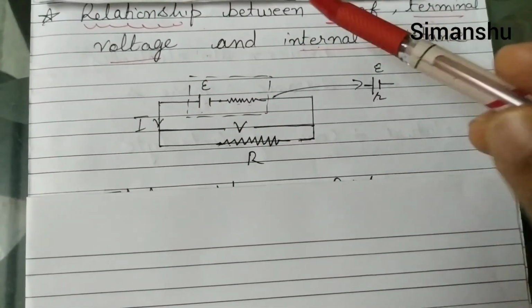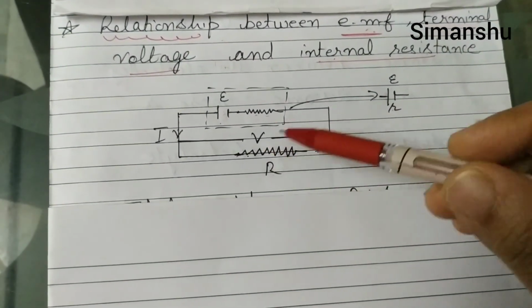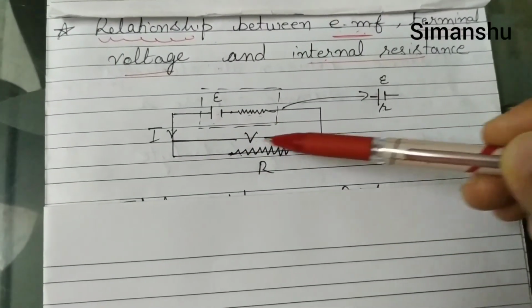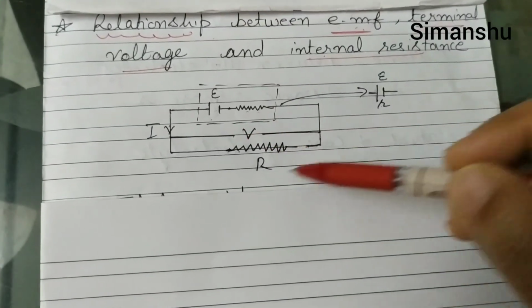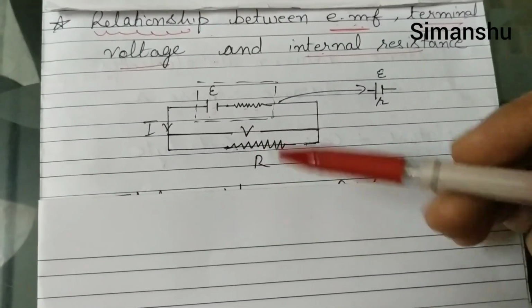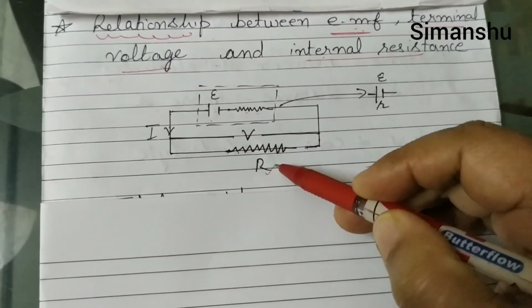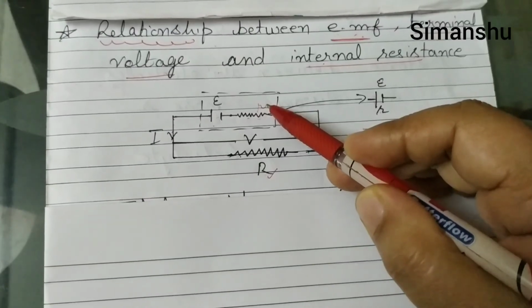Simple thing. When current is flowing through this circuit, here it is epsilon, and here it is the potential difference between the two terminals, which we write with V. When charge is flowing, that flow of charge will feel some resistance: one resistance from here, another from here, the internal resistance.